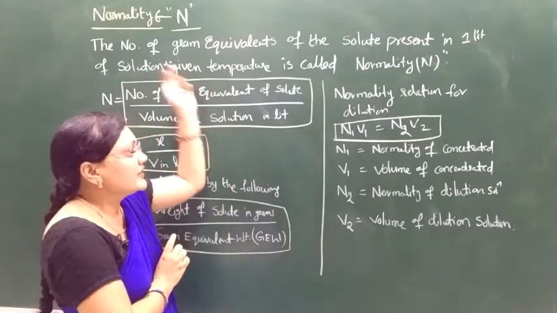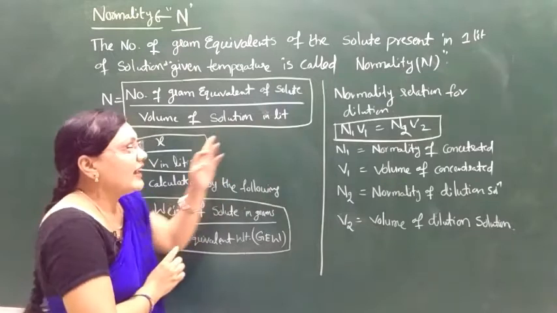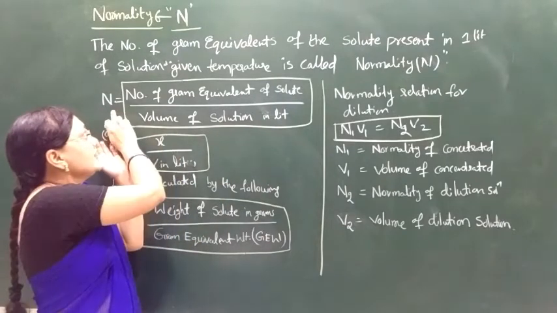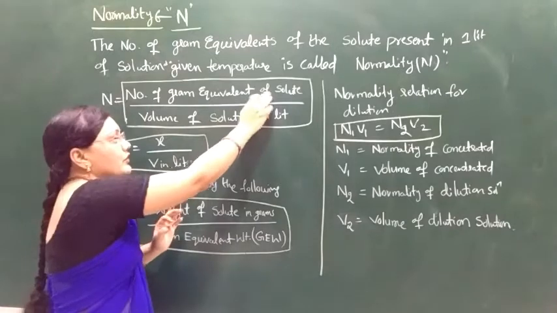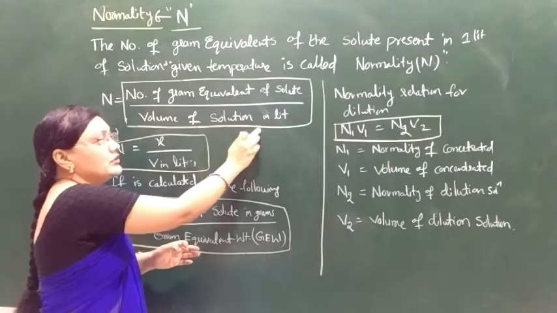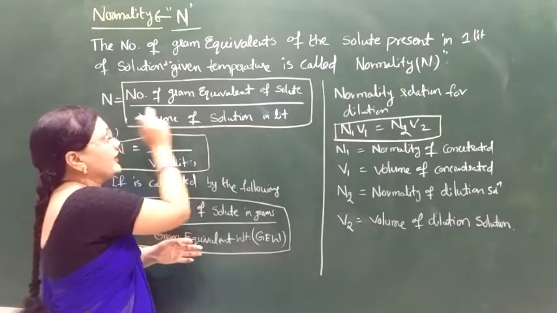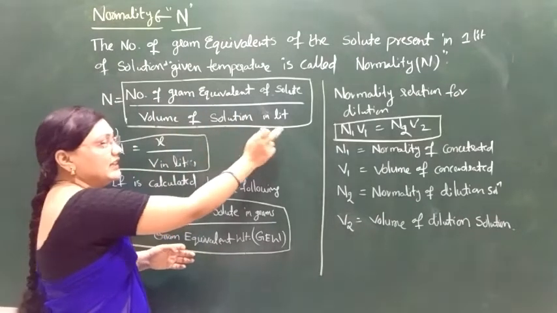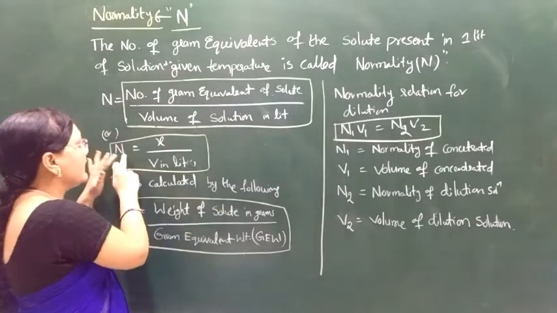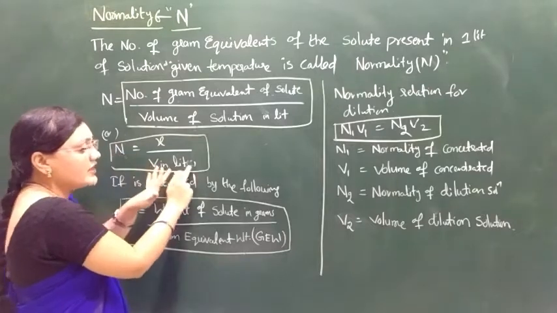This normality is generally denoted by capital N. Understand? Normality is given by N equal to number of gram equivalents of solute by volume of solution in liters, or N equal to X by V in liters.